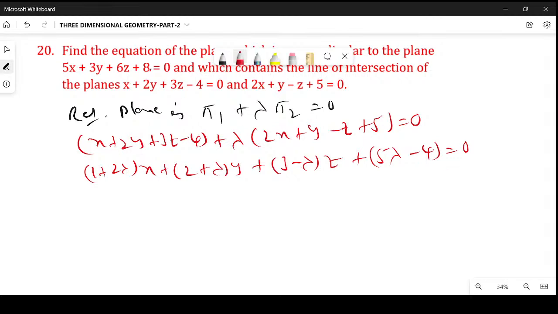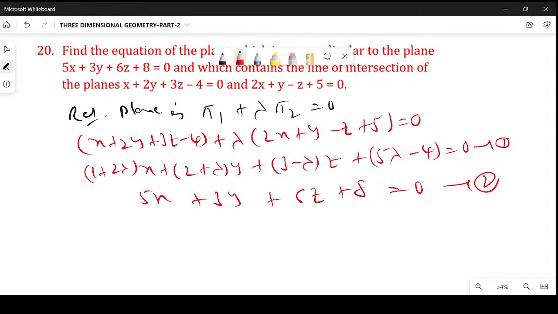But this one is perpendicular to the given plane. So this is the required one. And another, this is given: 5x plus 3y plus 6z plus 8 equal to 0.